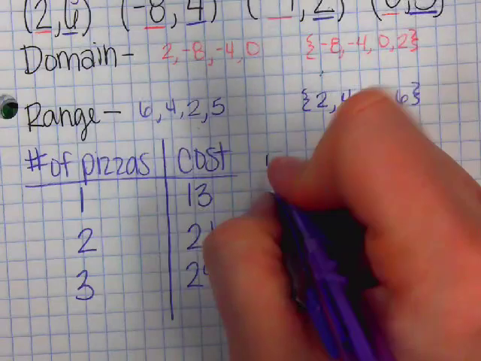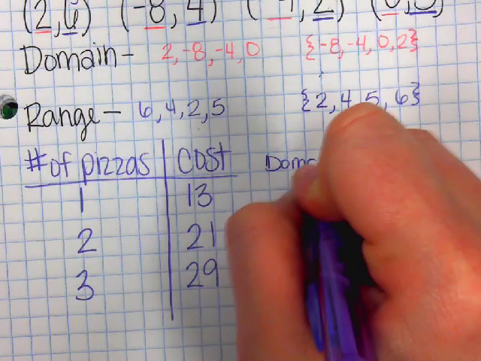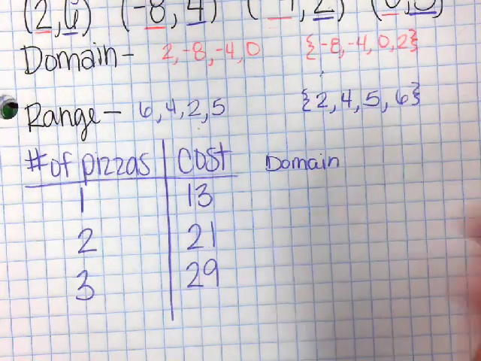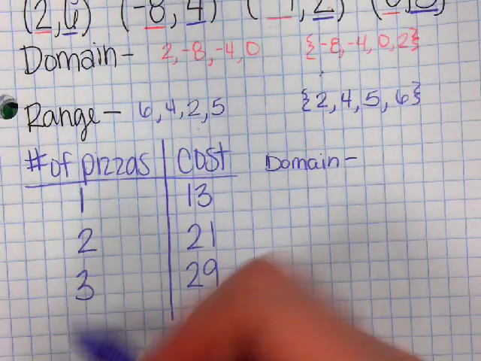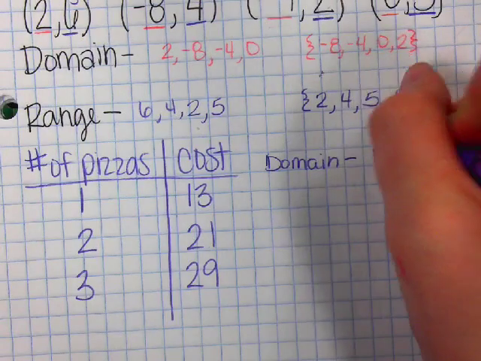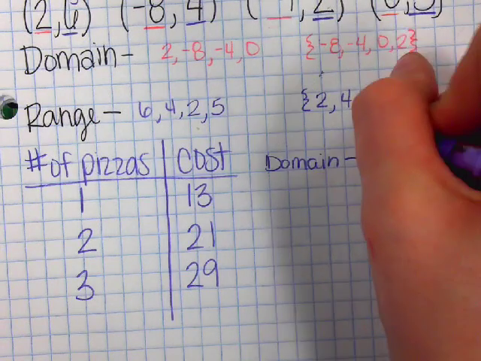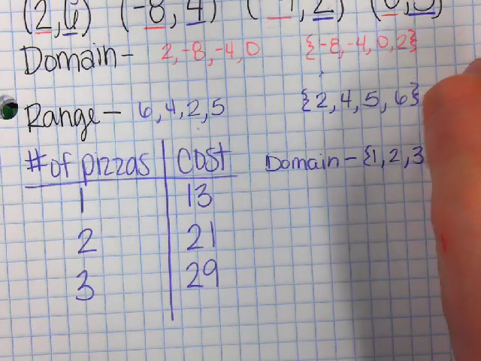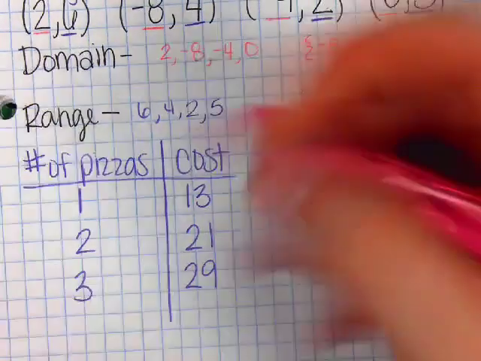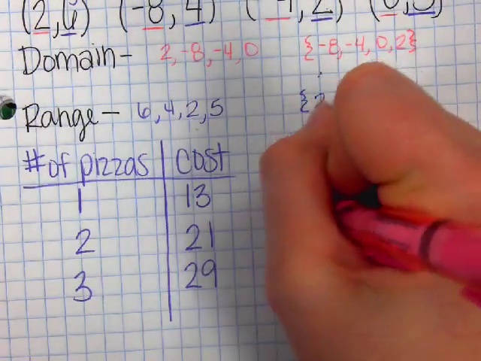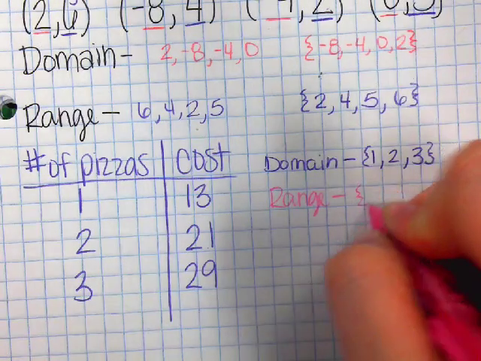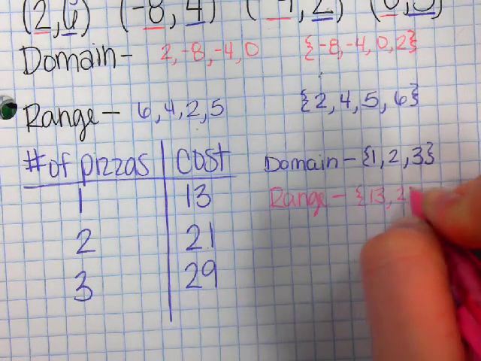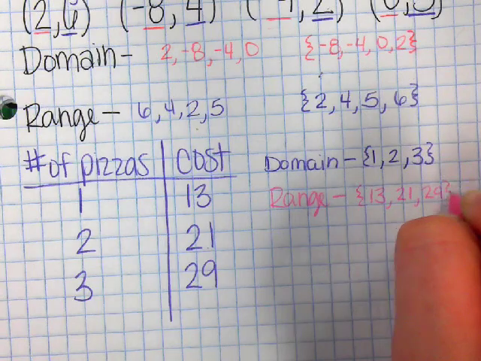And I asked for the domain. So again, domain are for the x values or the independent, so number of pizzas. So I could say 1, 2, 3. And then the range would be 13, 21, 29.